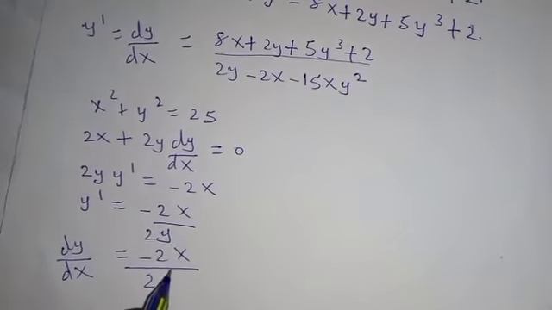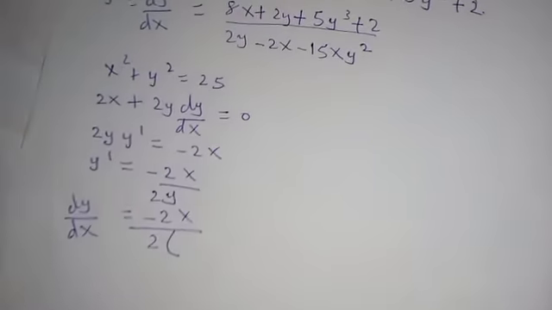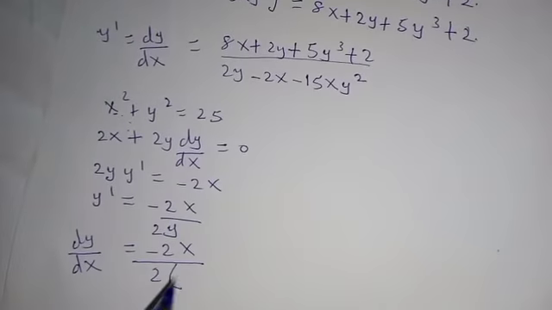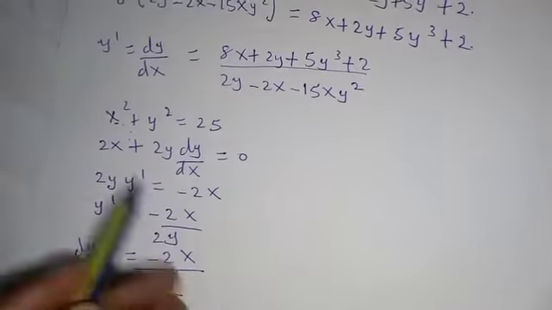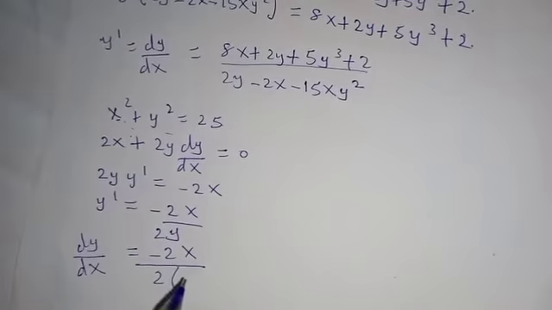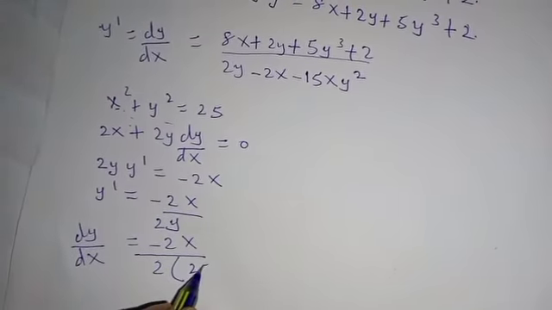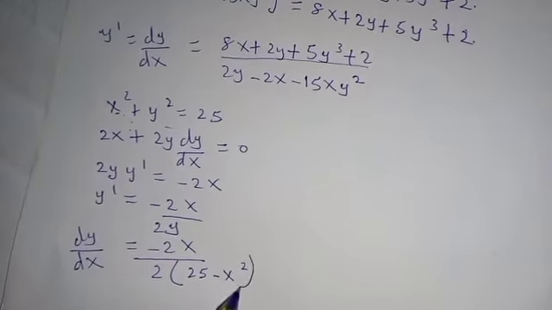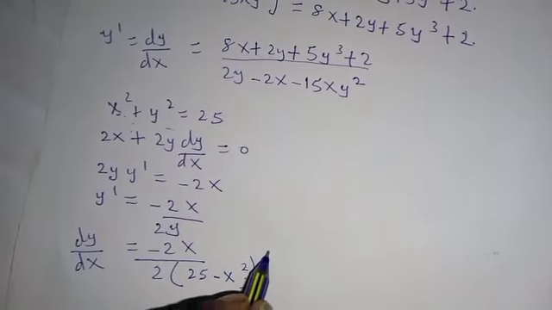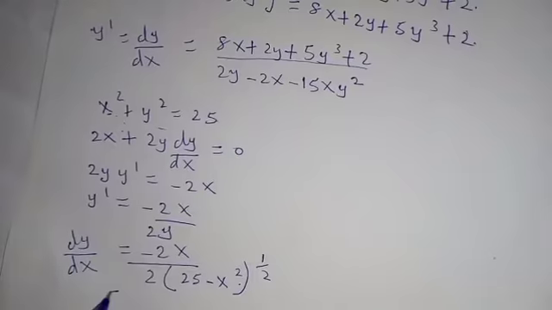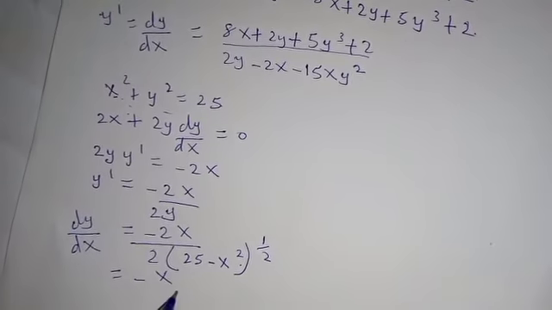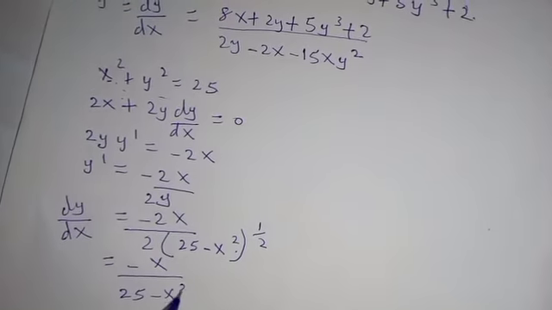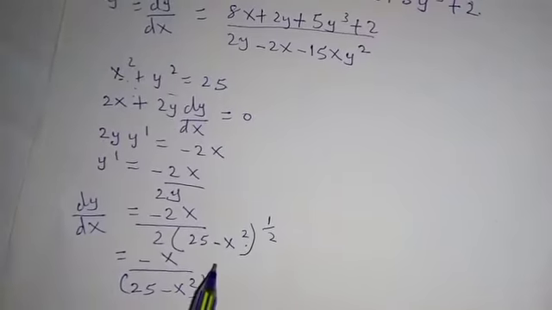So there is 2 here divided by, from here, our y is the same as 25 minus x squared power half, which is the same as negative x divided by 25 minus x squared power half.